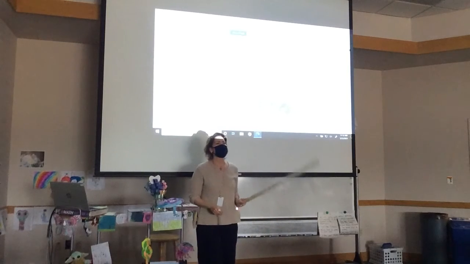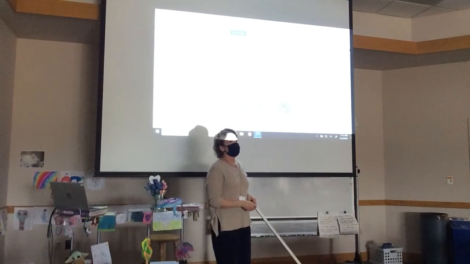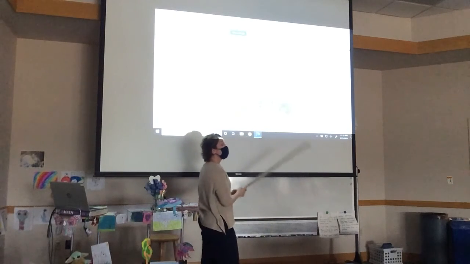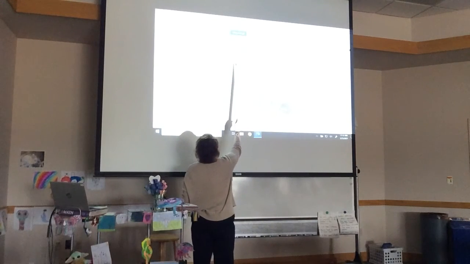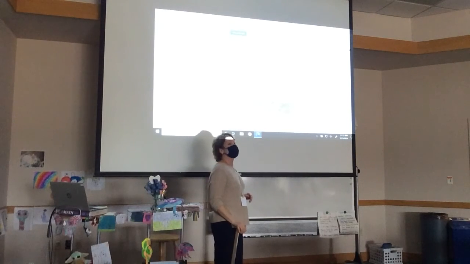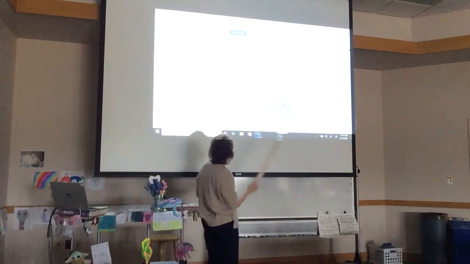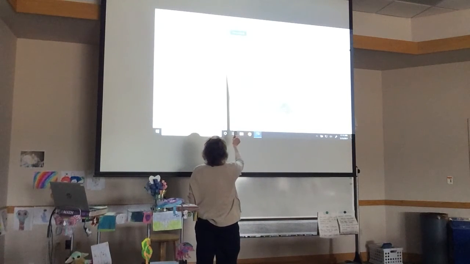What is going to be our denominator? Jeremiah? 7. Yes. Because 7 lions include the cubs, correct? Because the cubs are lions. So we know 7 is our denominator. It says, what fraction of the lions is cubs?